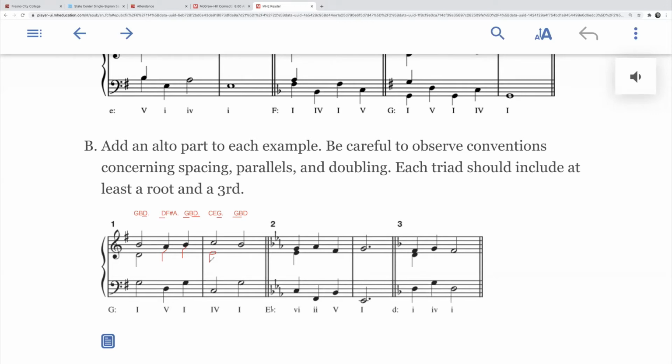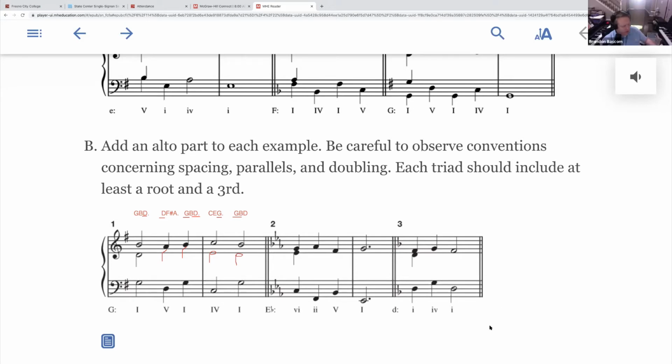And then where do you want to move? No one wants to move. No one wants to do anything. Move the E down to a D. Good. That way we get all three of our triad notes, right? We have parallel sixths, but that's okay, right? Sixths are good. Nice job.